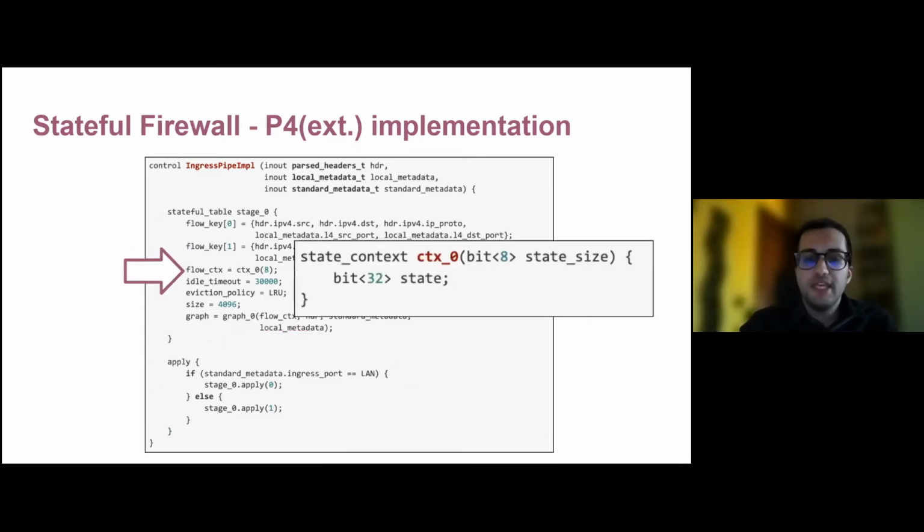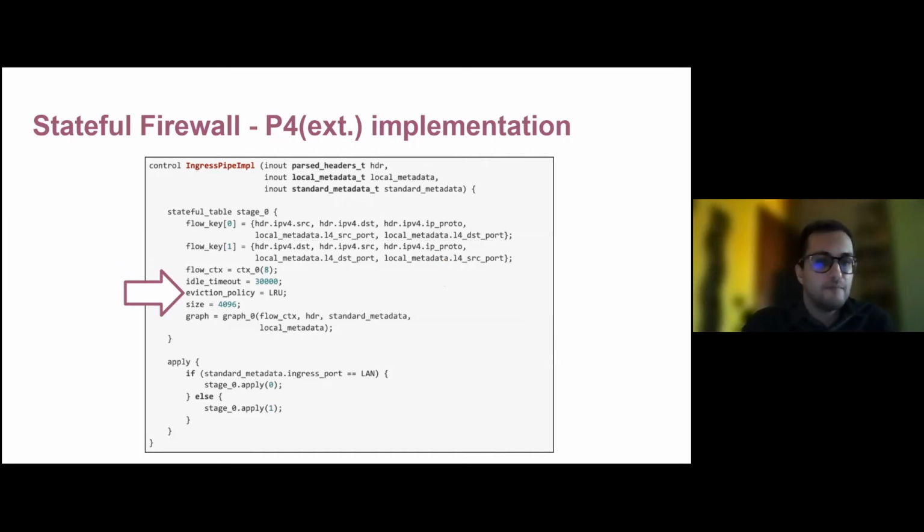Okay, then we have a reference to the state context, and the state context is a data structure that contains the definition of all the states associated to a flow. In this case, we just have one field, the state field, but we can have an arbitrary number of field definitions.